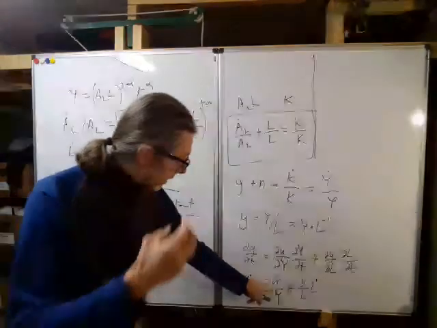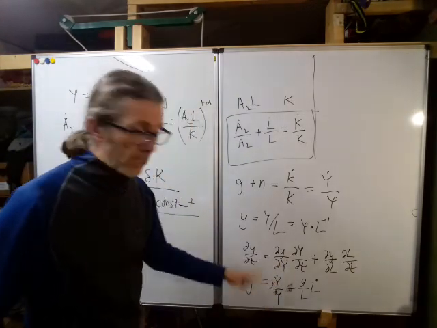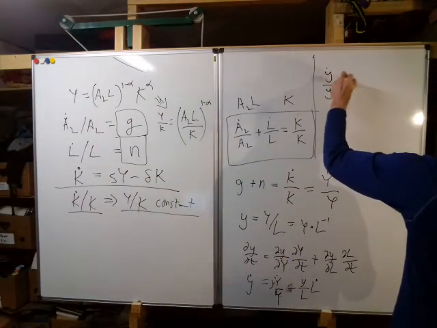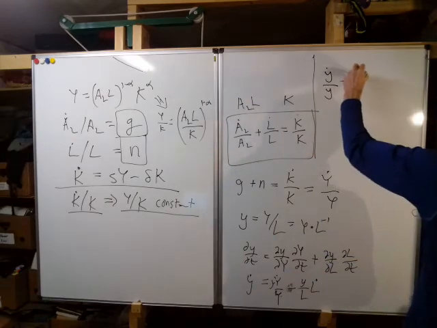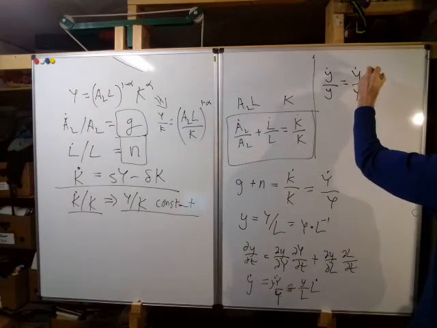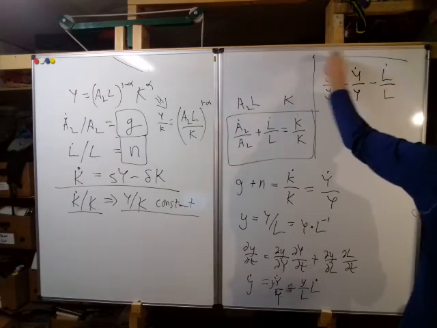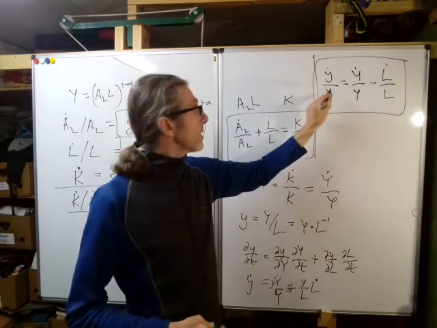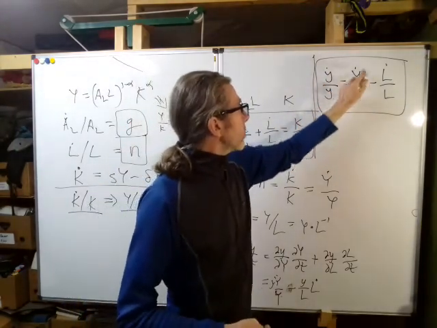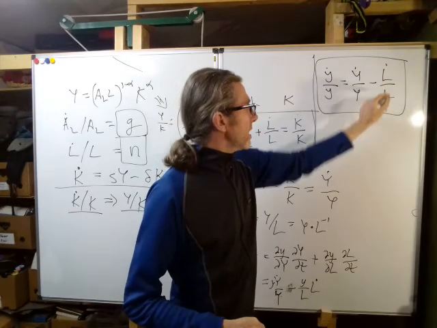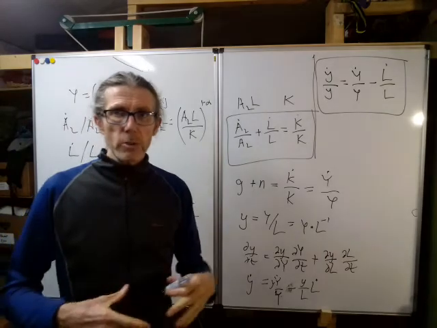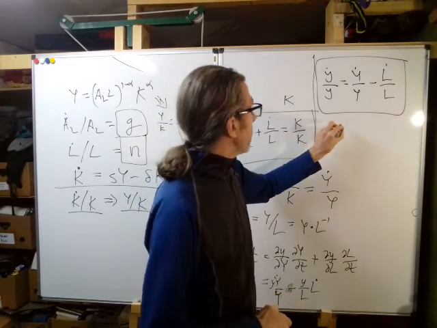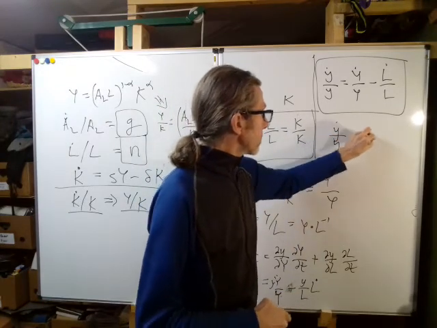So then little y dot over little y is equal to big Y dot over big Y minus big L dot over big L. So the growth rate in production per person is the growth rate in overall production minus the growth rate in population. So population growth dilutes, obviously, overall growth, and we end up with little y dot over little y is just g.